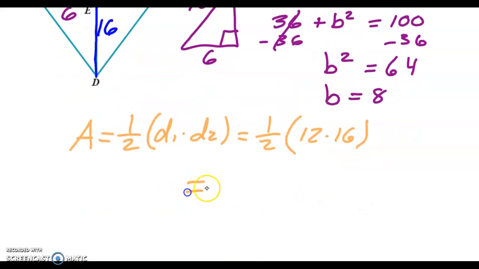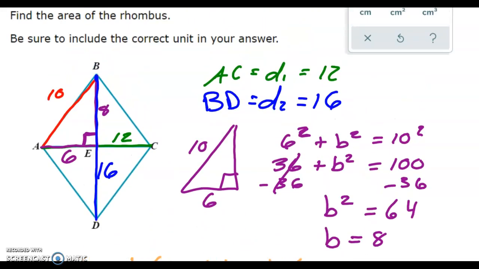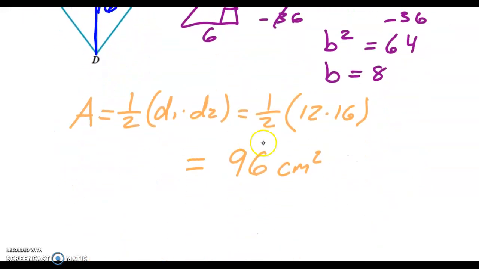I think your area is going to end up being 96 centimeters squared. And again, we have that centimeters squared that we're going to select on the Alex question. Okay, so we got 96 centimeters squared, and that's done there.